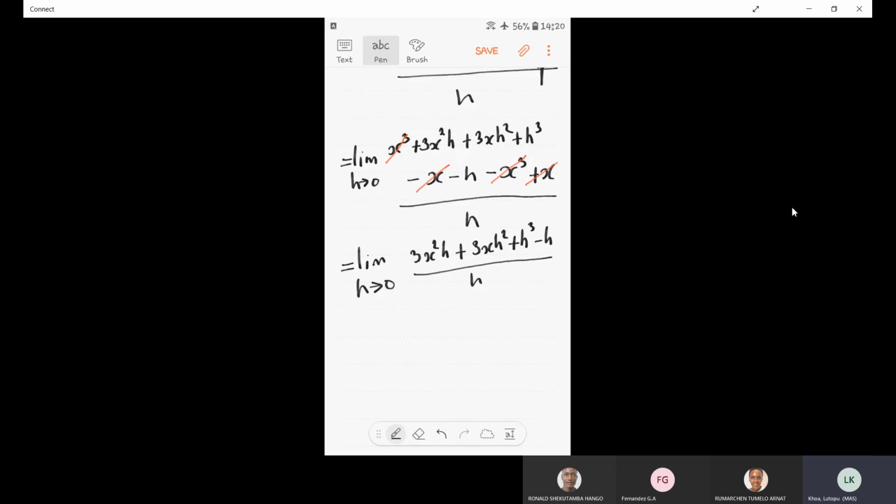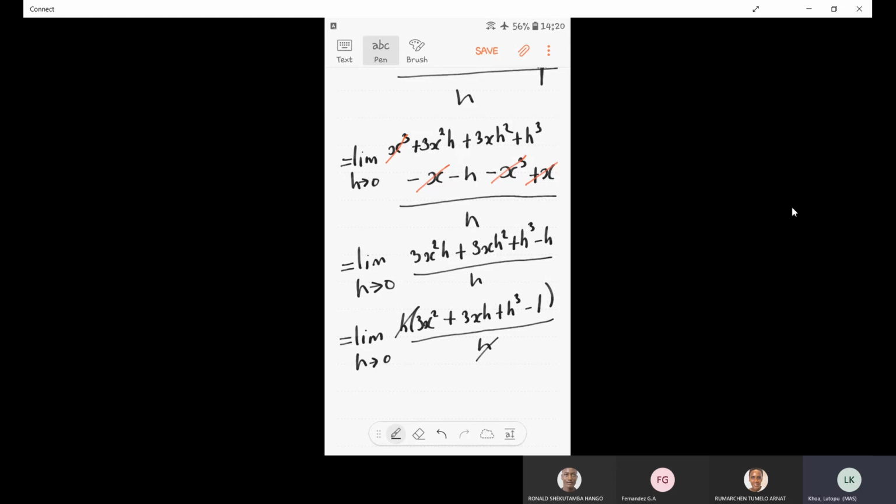So in the numerator, I'm going to factor h out. This is the limit as h goes to 0 of h times (3x squared plus 3xh plus h squared minus 1), divided by h.